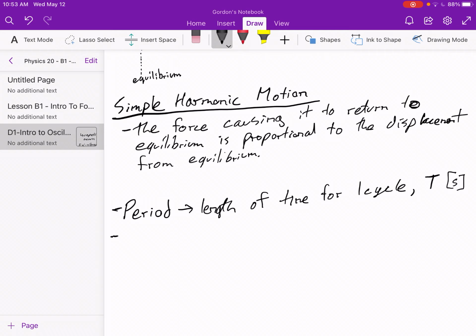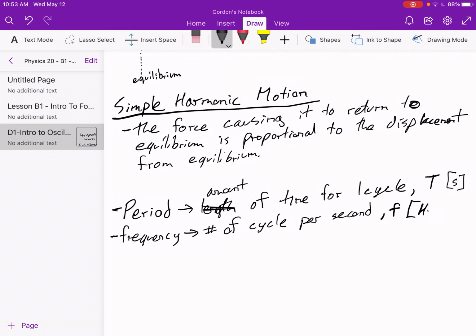That's also very closely related to frequency. Frequency is the number of cycles per second. We said that was f, and we measured that in hertz.